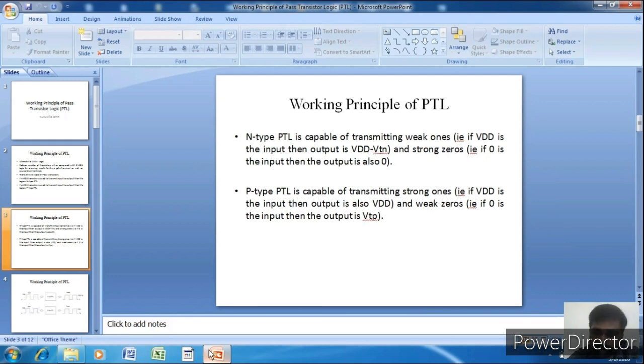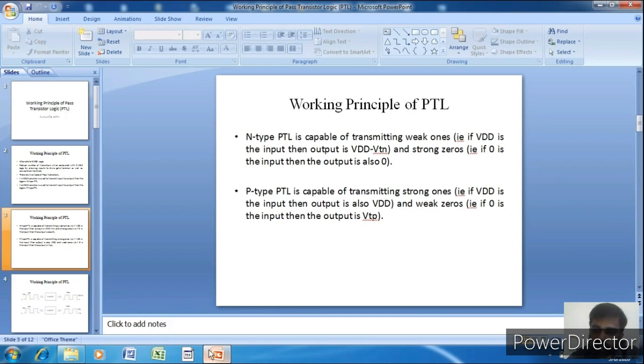In the case of N-type pass transistor, by using an NMOS transistor, we are trying to transmit a logic 1 and a logic 0. We know in the case of digital, we consider logic 1 as high value or plus 5 volt or VDD. So here I am also considering this logic 1 as VDD.